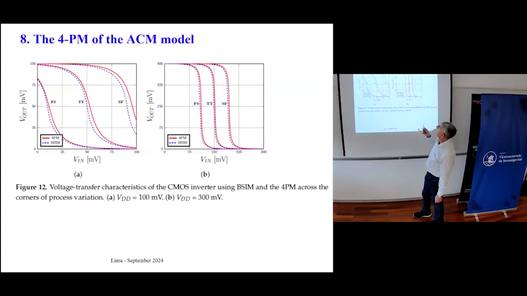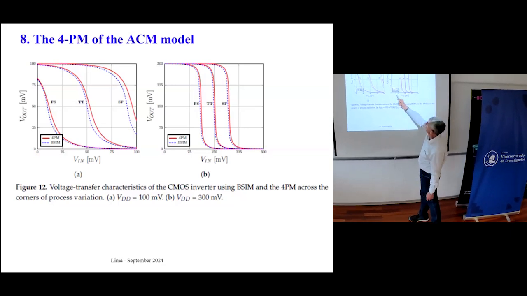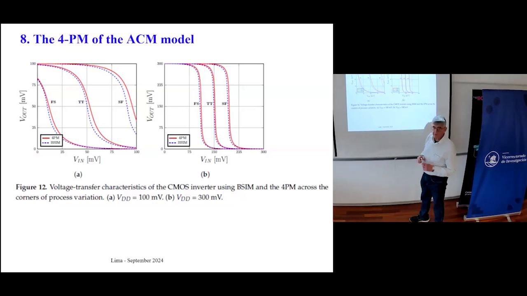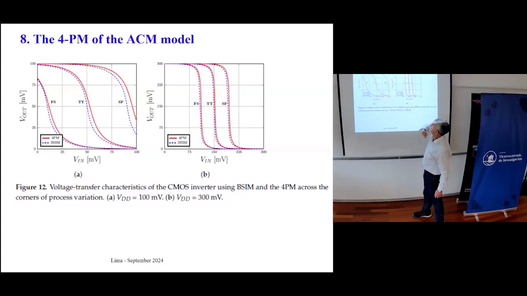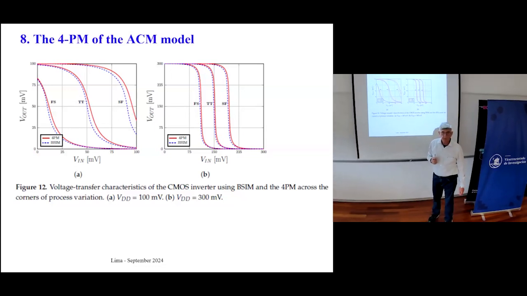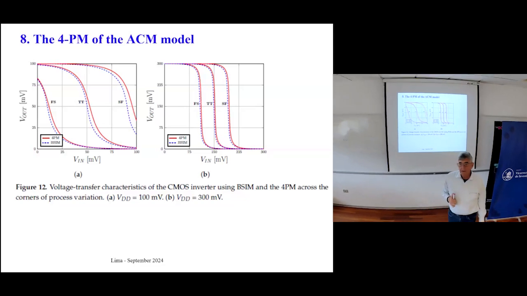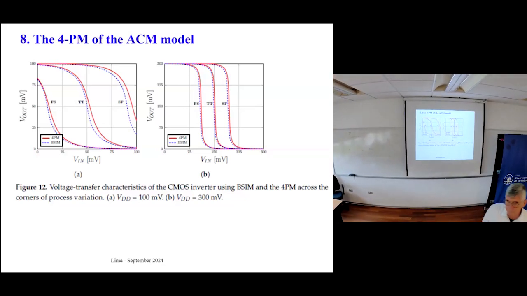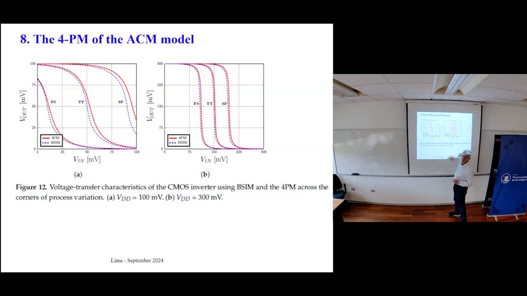Here are the curves obtained using BSIM, the dashed curves, and the 4PM model of the transistor, and the curves are very close to each other. This is for the typical case, the nominal values of the parameters. Here is fast for N and slow for P, and here is slow for N and fast for P.